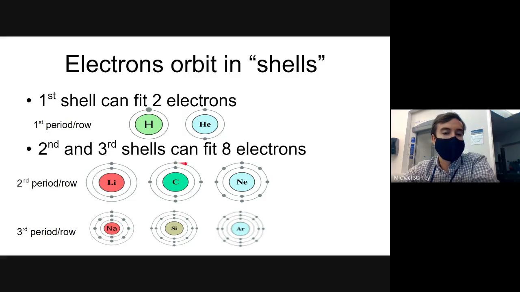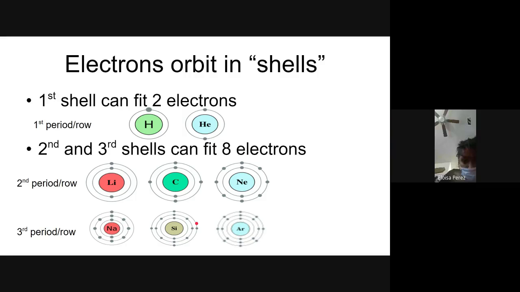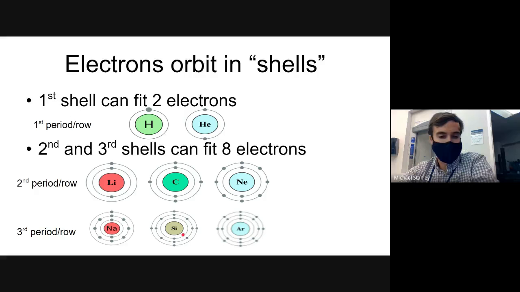And then the second shell is a little bit further away, and the third shell is a little bit further away than that. Exactly, those lines represent the electron shells, and they represent how close or how far away they are from the center of the atom, that nucleus, where the protons and neutrons are hanging out.